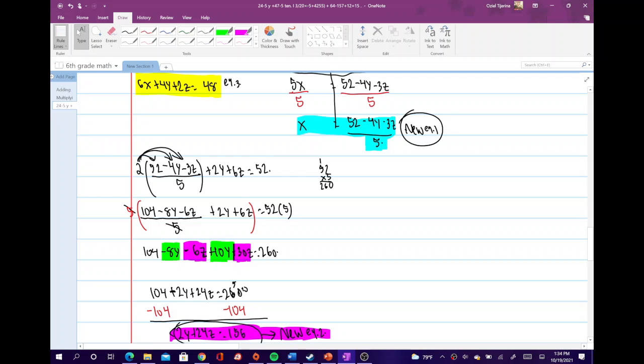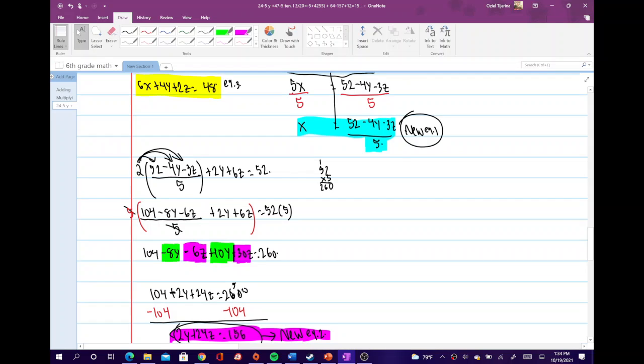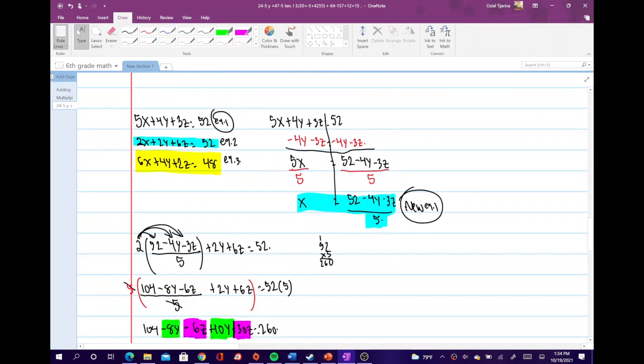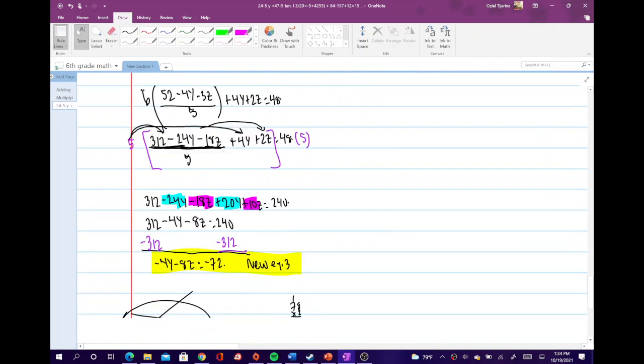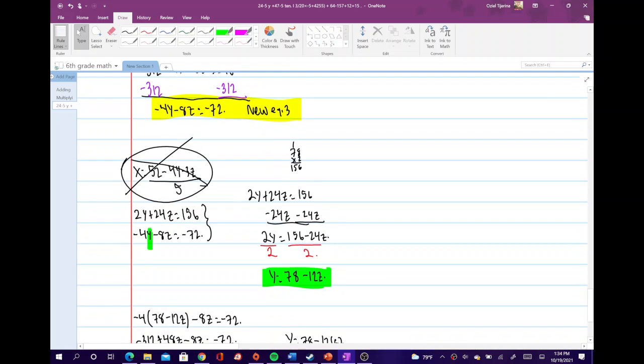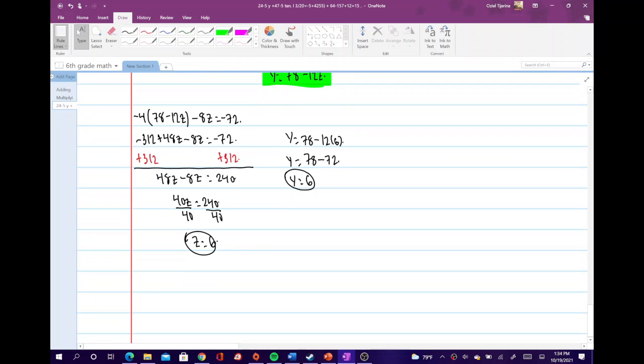X equals, it was x equals 52 minus 4y minus 3z all over 5, right? So we're going to use that.